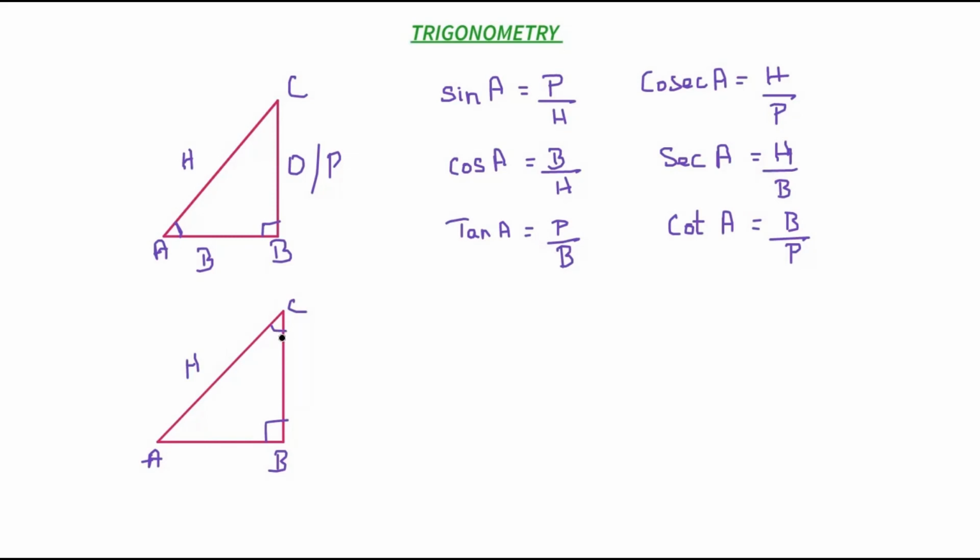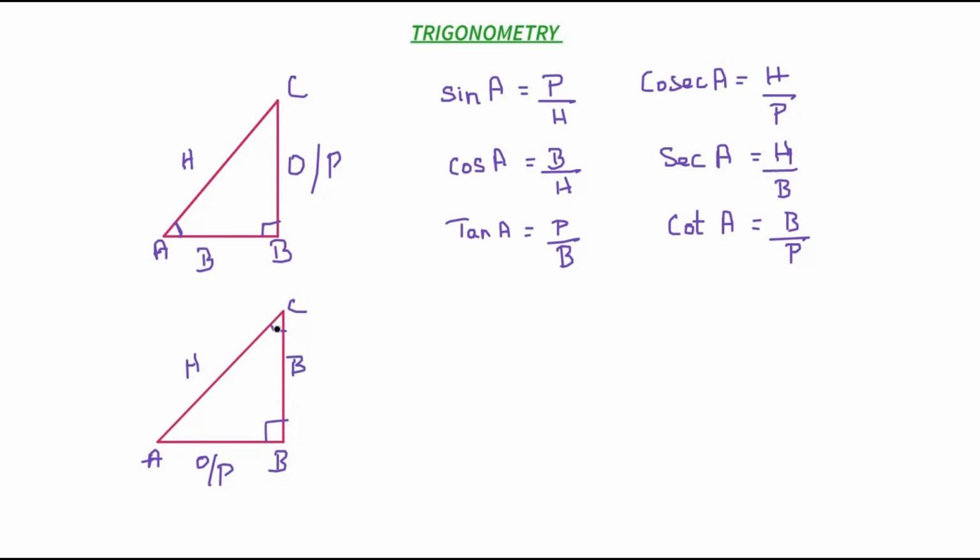So which is our base and which is our perpendicular? The side directly opposite to the reference angle is our opposite side or perpendicular. So here AB is our opposite side or perpendicular. And the side adjacent, that is next to it, whichever is close to it, that is the base.